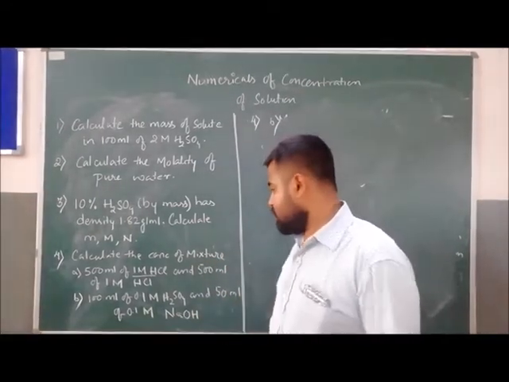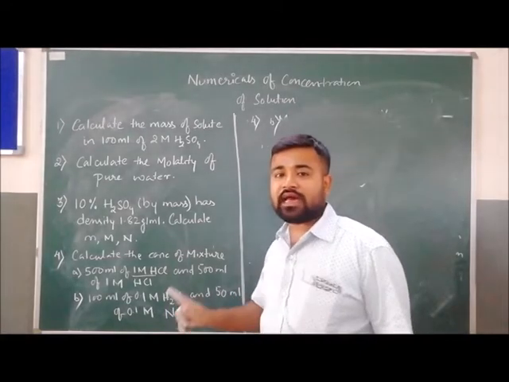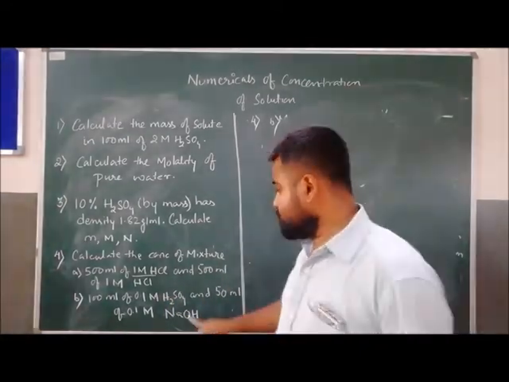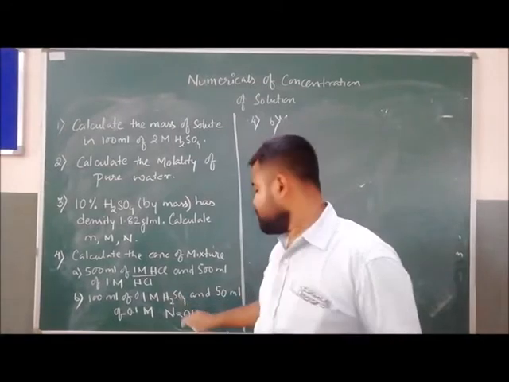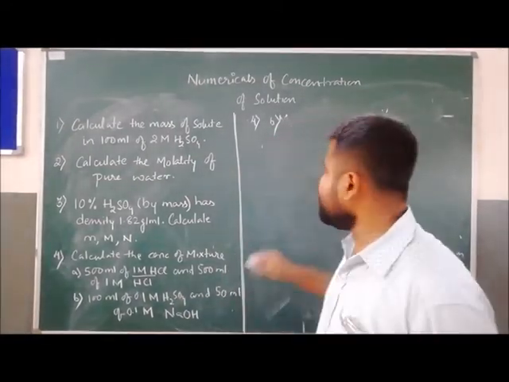And another thing is that here the acid and base both have different acidity and basicity. Here H2SO4 basicity is 2 and here NaOH acidity is 1. So what will be the formula?